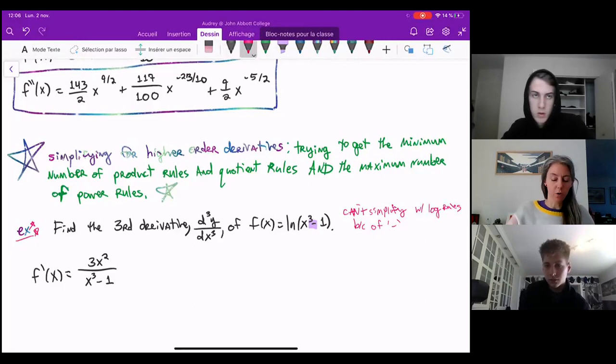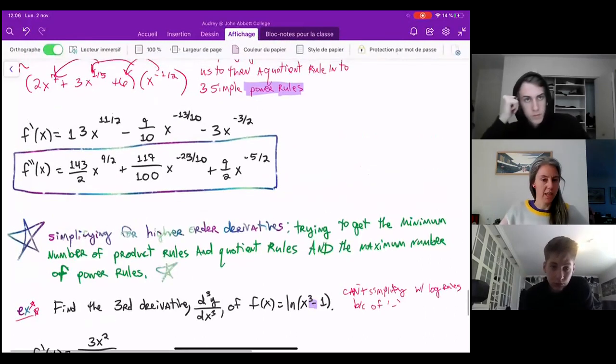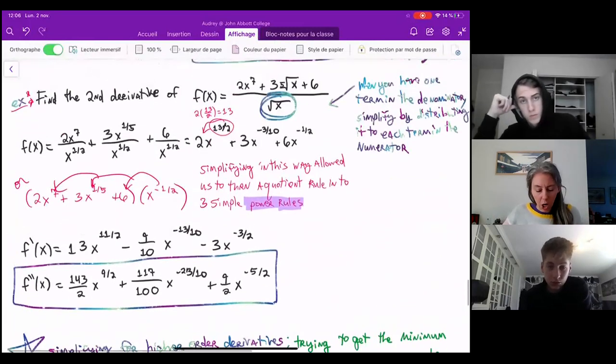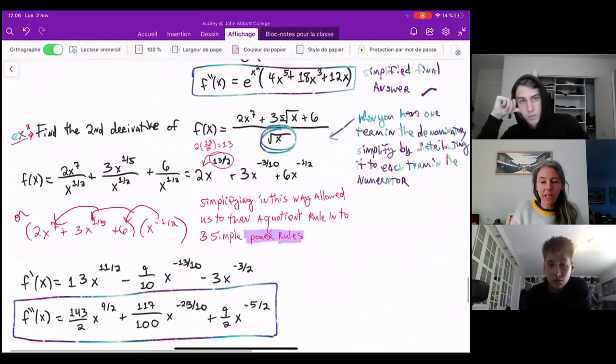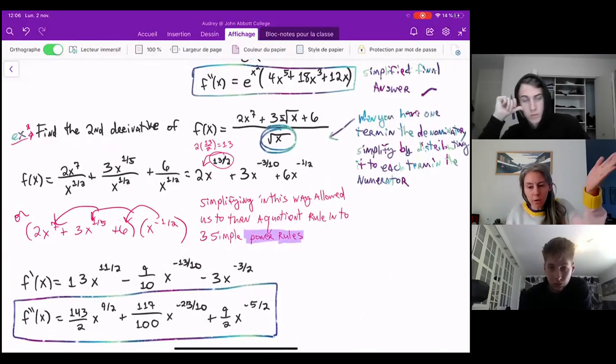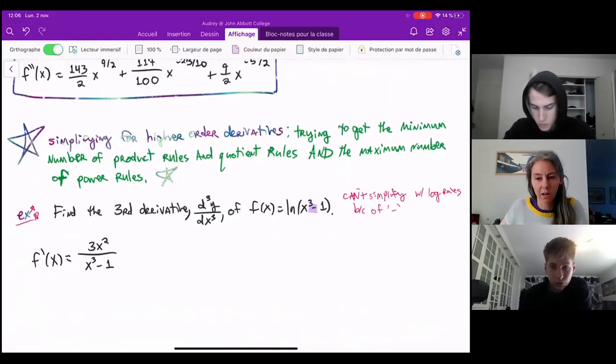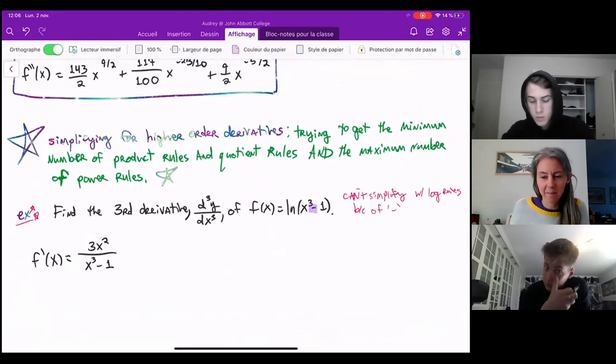Think about how we avoided the quotient rule before. Cam asked if we could do it a different way, and the reason I didn't originally do it that way is because it helps us see when we can't do that. Here, I was able to take that x to the 1/2 and distribute it to the 3 different things in the numerator. How many different things do I have in the numerator? 1. So is it already kind of separated in that way?